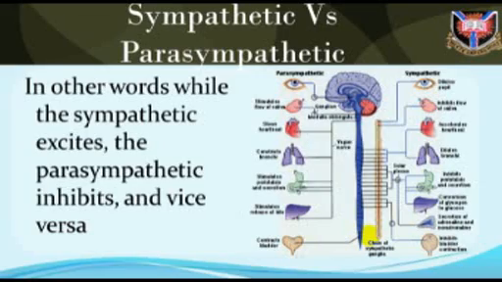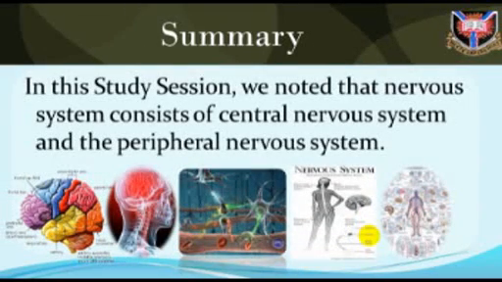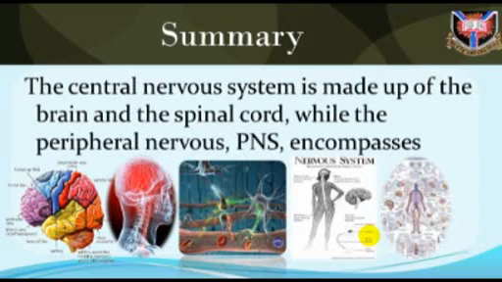Study session summary. In this study session, we discussed the coordination of activities within the body. We noted that the nervous system consisted of the central nervous system and the peripheral nervous system. The central nervous system is made up of the brain and the spinal cord.